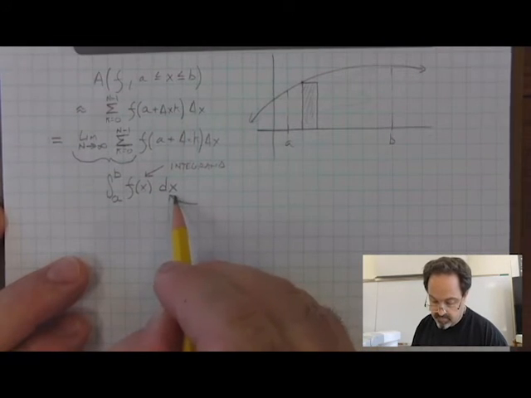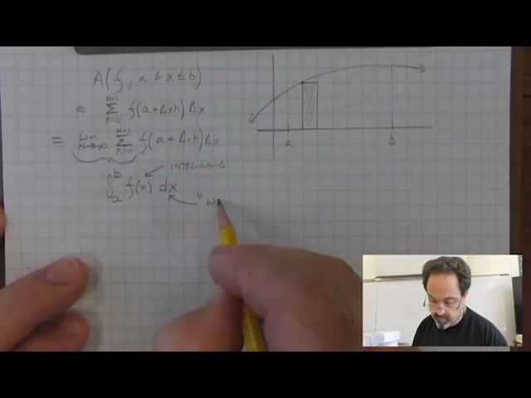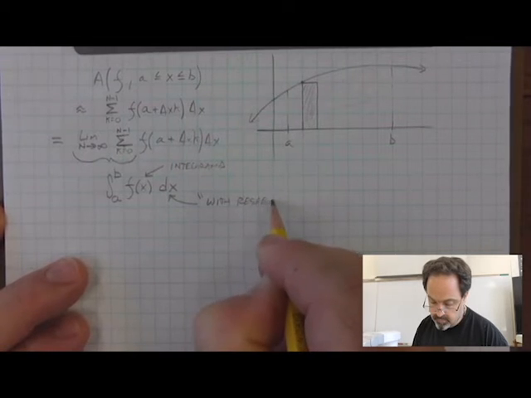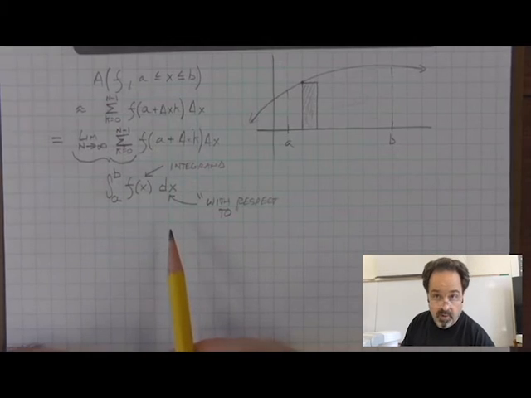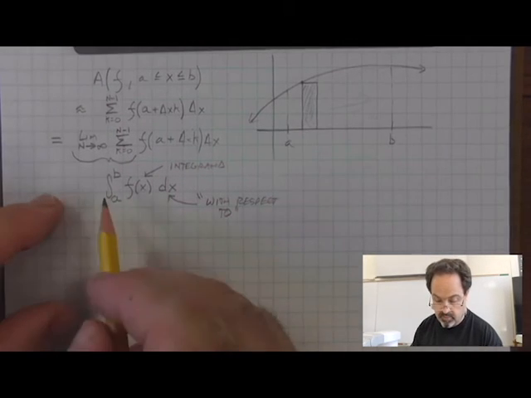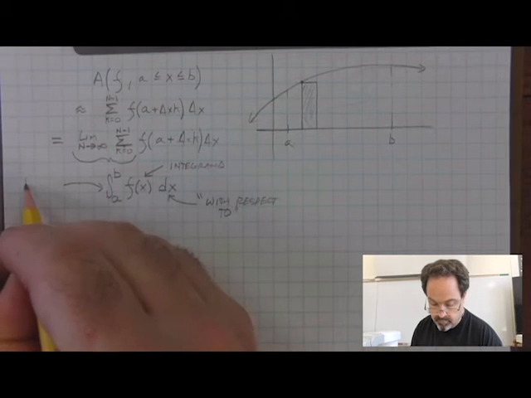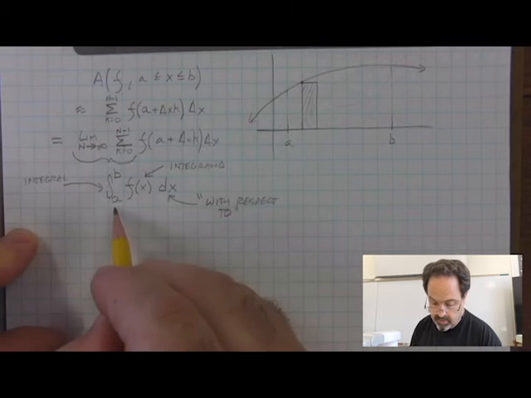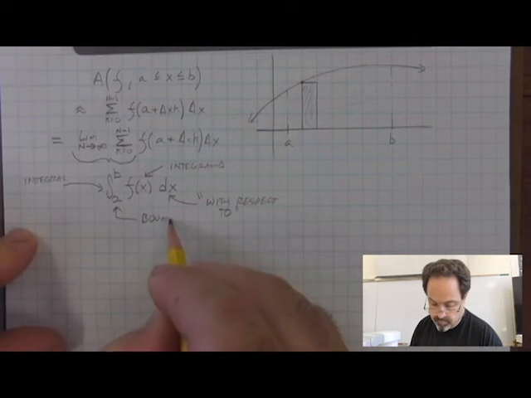This dx that came from the delta x is often what we say is with respect to, which will make more sense when we practice this notation and use it in the future. This is the integral symbol, and the a to b are the bounds of integration.